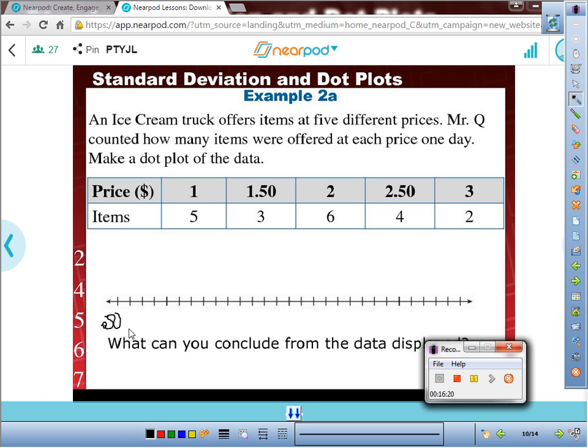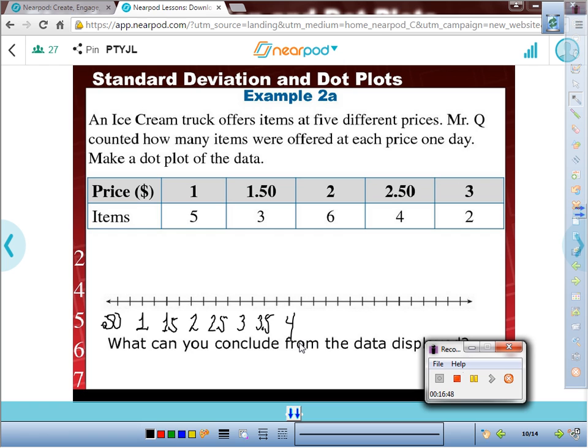So this would be 0.75. My next number up would be 1.25. The next number up would be 1.75. So this one is 2.25, this one is 2.50, 2.75, this one is 3, 3.25, this is 3.50, and I'm going to stop at 4. Focus, please.